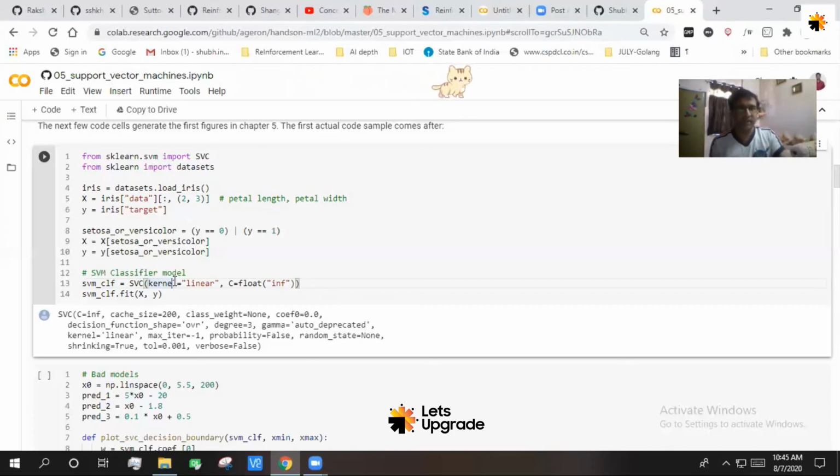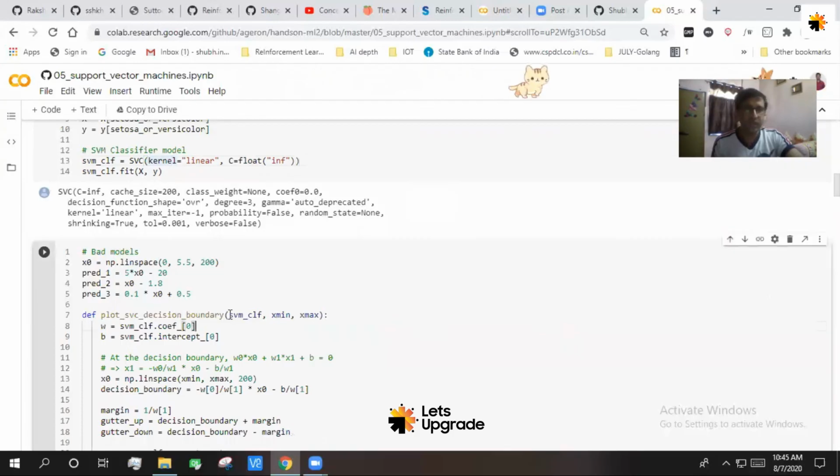That is the training part. Once the training part is done, we need a classification boundary. We need to draw a line between two outputs so that we will find that this flower is different from this flower by this much distance based on their features.